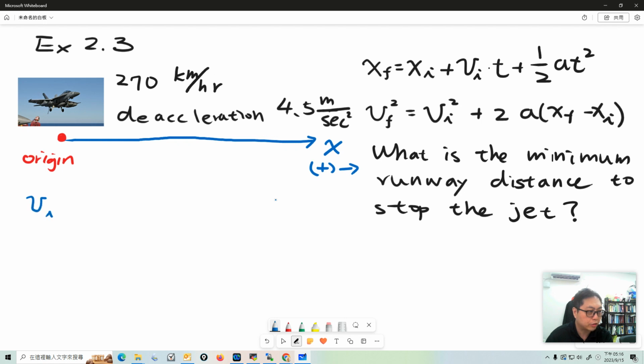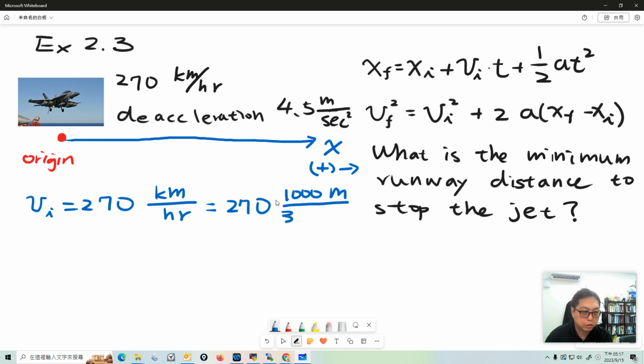Now we have to do a little unit conversion, because in physics we love the MKS system, which represents all physical quantities by kilogram, meter, and second. A kilometer means 1,000 meters, and an hour is 3,600 seconds.